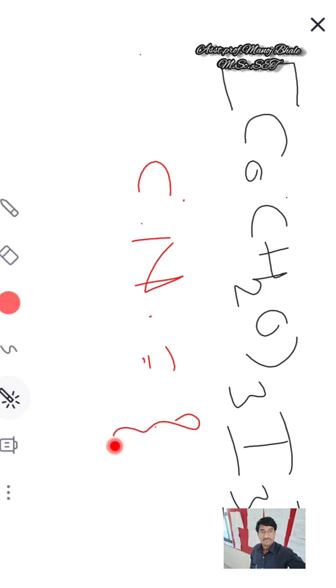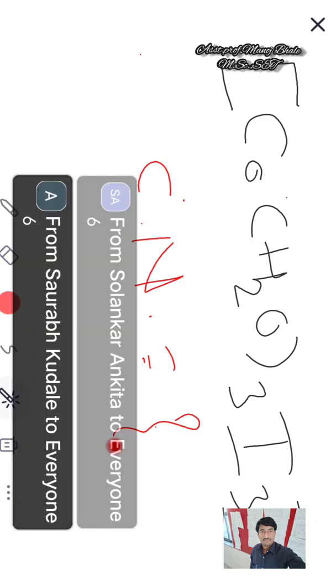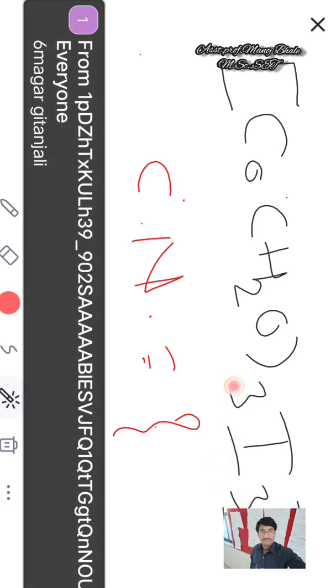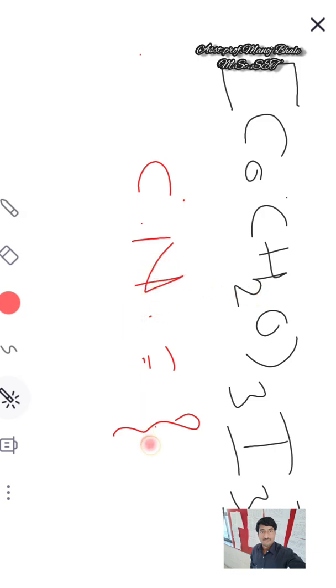Write down the structure and tell me what the coordination number of the given complex is. The complex has coordination number 6, because there are 3 water ligands directly bonded to the metal cobalt, and the remaining 3 ligands are iodide. That means a total of 6 ligands are directly bonded to the cobalt. So the coordination number of the given complex is 6.